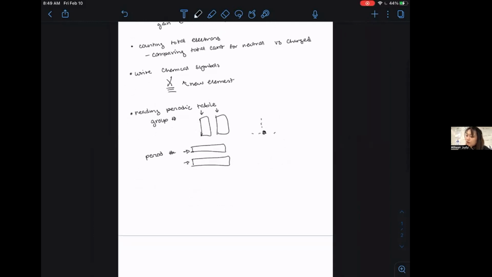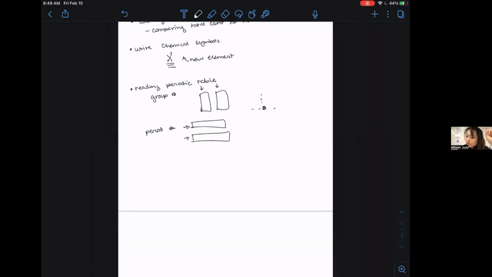The next skill, which was the hardest one to grade, was your trends. And here's the big thing: everything stems from Coulombic attraction. You cannot explain the trends without explaining Coulombic attraction. Coulombic attraction is the attraction between a positive and a negative particle. What is the positive particle for us in chemistry?